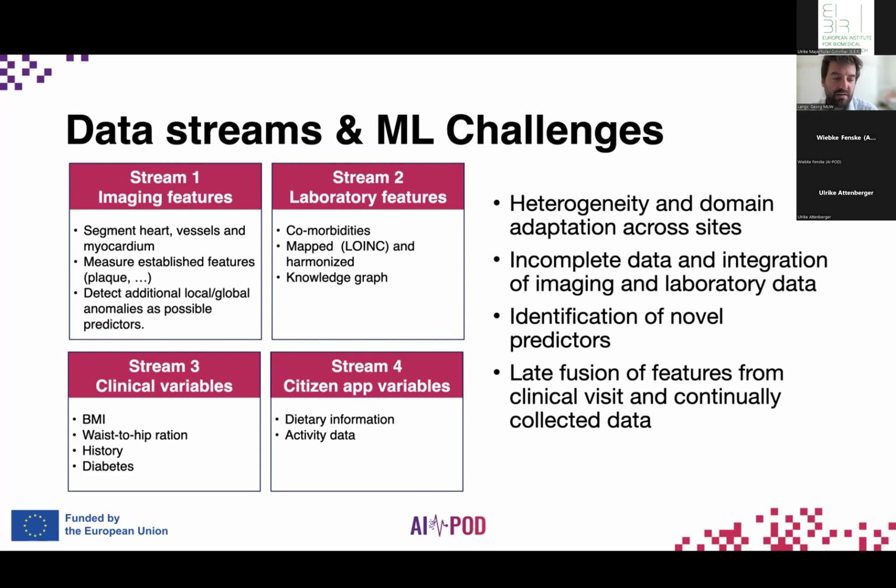The main challenges that we need to solve in order to learn from real-world clinical data are models that can cope with the heterogeneity in the data, that can cope with the fact that different sites also have signal in the data that is not coming from the disease, but just from different scanners, different procedures that the patients go through. We have to cope well with incomplete data and the integration of imaging and laboratory data, so multimodal data.